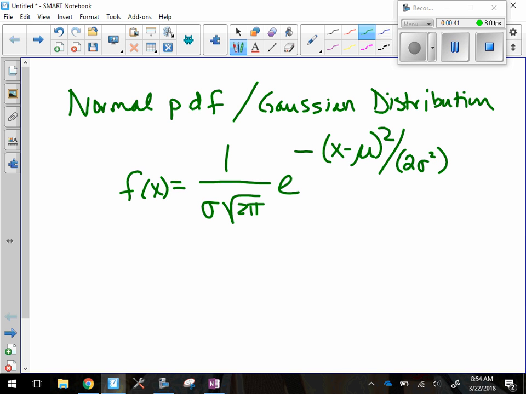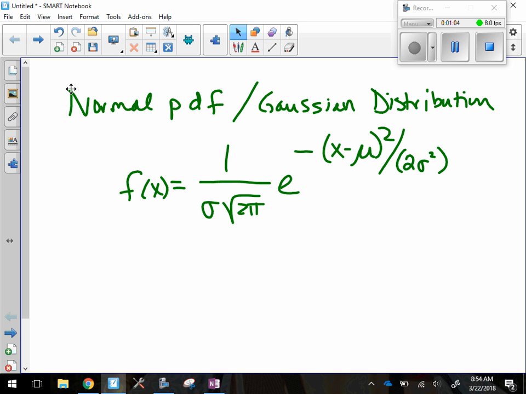And remember that mu is whatever the average or the mean value of the distribution is, and that sigma is the standard deviation. Sometimes we would say the standard deviation of the mean, and that has to do with how spread out the values are. If you have a small sigma, that means you have a narrow distribution.